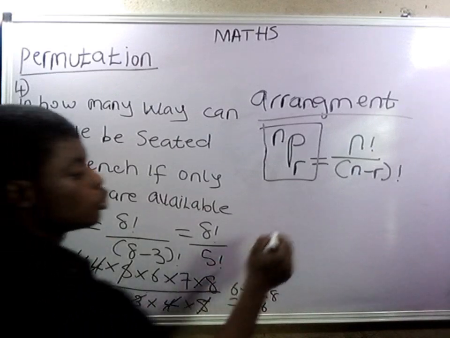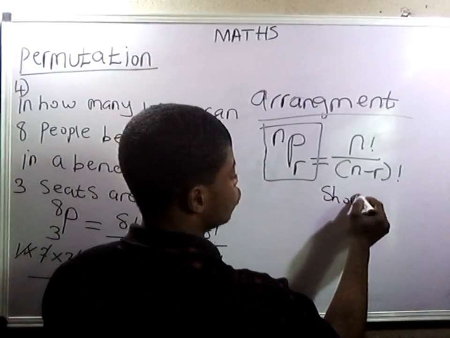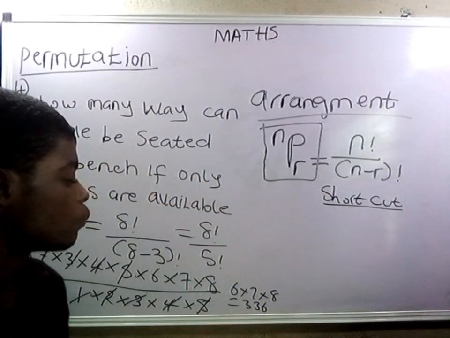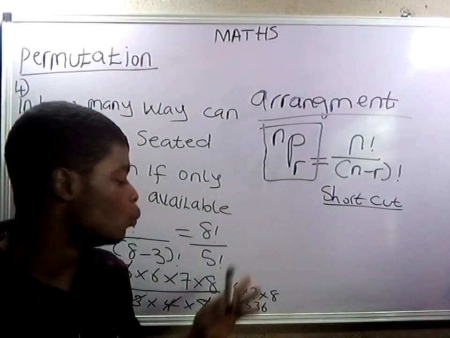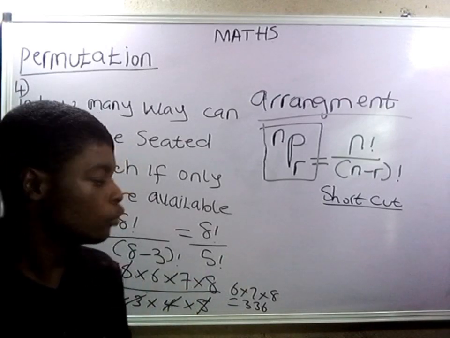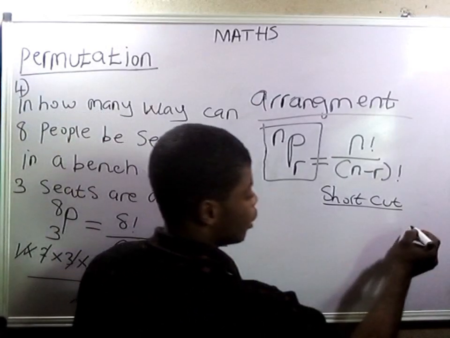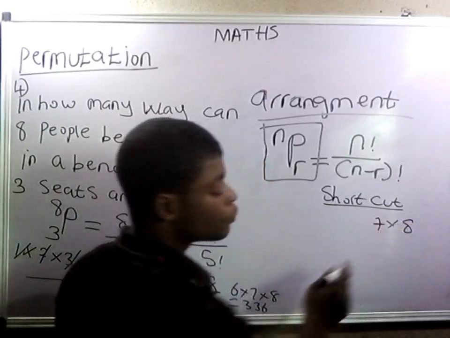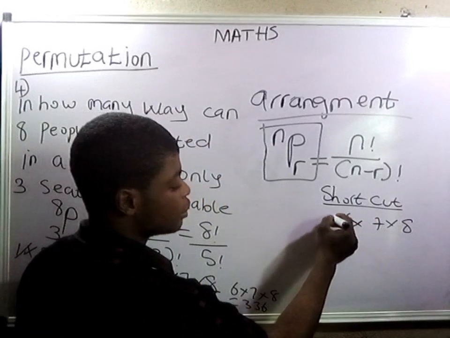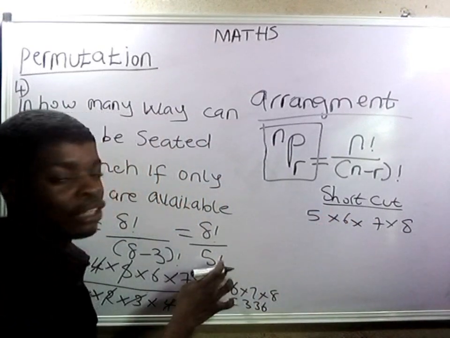So let me give you the shortcut. So let's apply the shortcut. You take the factorial value backward. When you get to the denominator value, you stop. So that means 8 times 7 times 6 times 5 factorial, you stop.